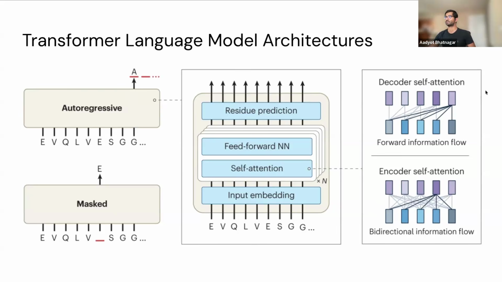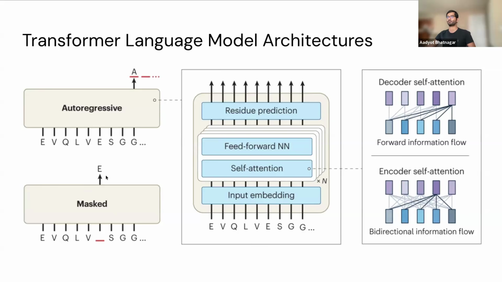And the way you achieve this is through this so-called decoder self-attention, where each token attends to all of the tokens that came before it, but not after. And in this way, that means that you're predicting the next token conditioned on the prefix, but not the suffix. So in this way, you can use these autoregressive models to generate new proteins. Conversely, with a masked language model, what you'll do is you'll take some of these tokens and you'll replace them with a mask.